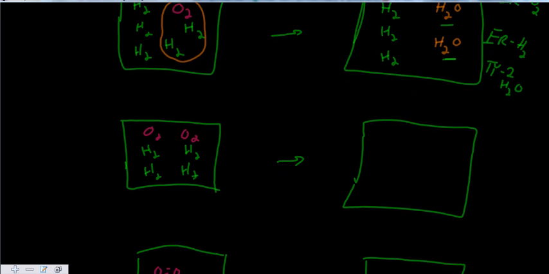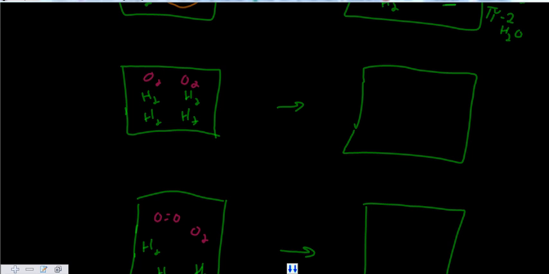So let's test out some other ratios of these things and see how much product is formed in these cases. Reacting oxygen and hydrogen together again, we should get 2 waters from each of these 2 hydrogens and 1 oxygen. So we should get a total of 4 waters.